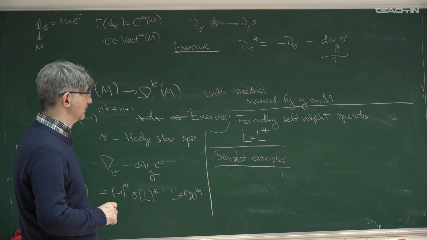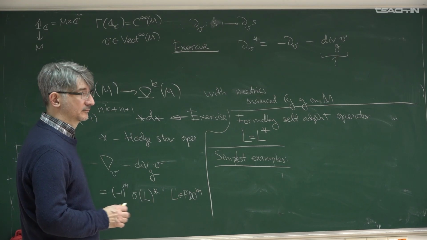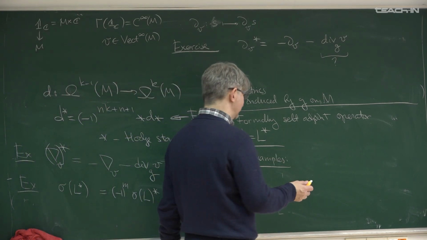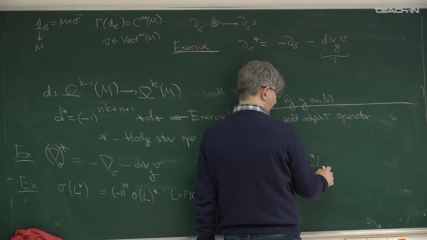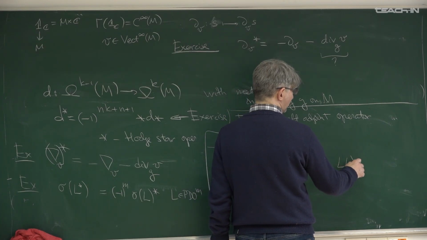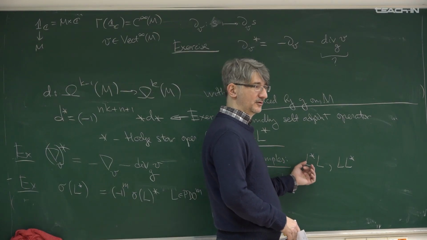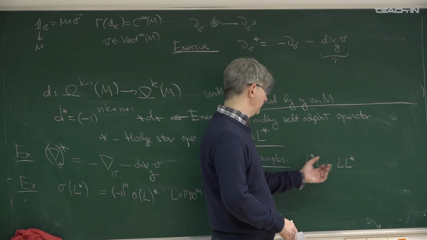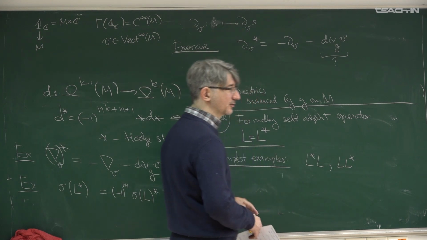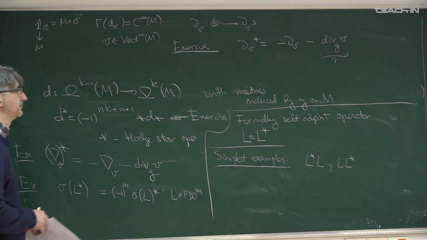Formally self-adjoint operator. You take formally self-adjoint and make Friedrichs extension. No. You take one operator and take its composition with its formal adjoint in this order and in this order. Both of them must be formally self-adjoint.